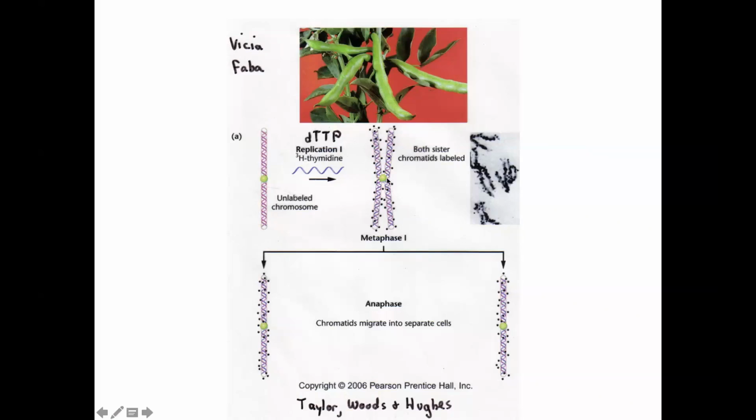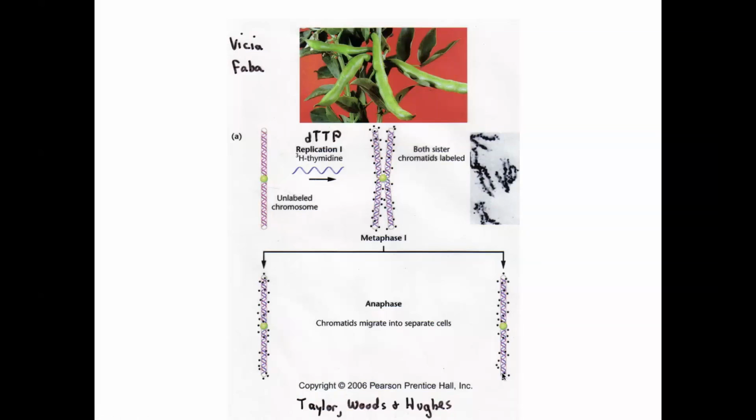Okay, so there's your metaphase. But then they would allow the cells to complete mitosis, so to complete the cell division. So these radioactive chromatids would segregate into daughter cells. And each of the DNA molecules that run through those chromosomes are partially labeled, the newly synthesized DNA is labeled with radioactivity.